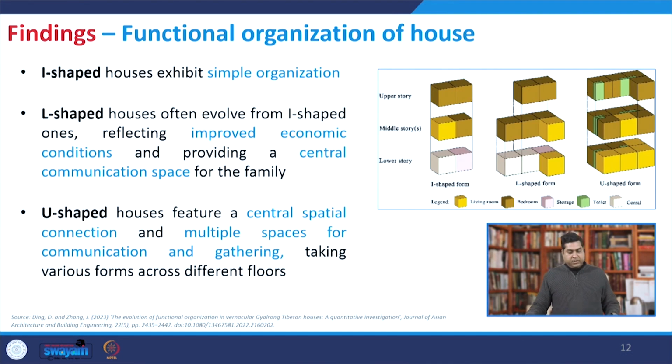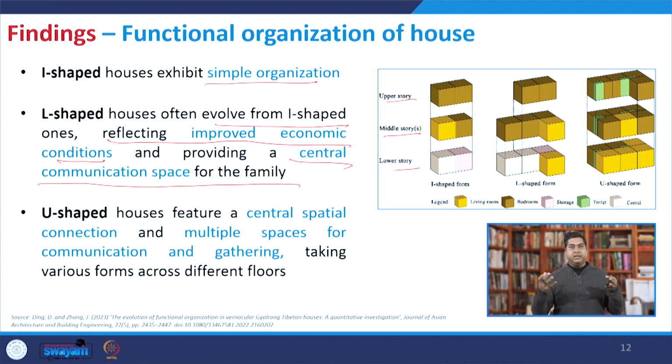Now, I-shaped houses exhibit simple organization. So, you can see that typically the lower story, middle story and upper story have a certain block. L-shaped houses often evolve from I-shaped ones, reflecting improved economic condition and providing a central communication space for the family. So, it is something evolved from the I shape, and then some additional block is added to create this L shape.